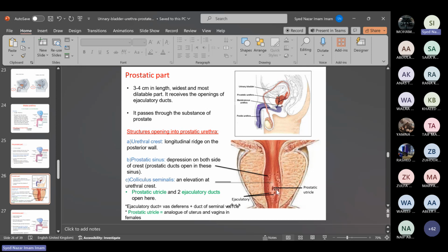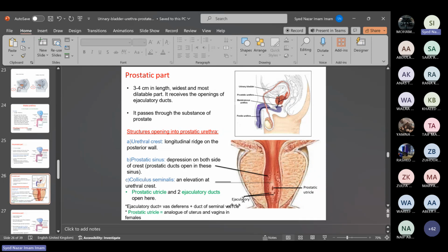And on the side of this prostatic utricle, we have two openings, and you have seen what structure is there behind the urinary bladder, the seminal vesicle and ejaculatory duct. Now, seminal vesicle and the vas deferens. These two structures, the seminal vesicles and vas deferens, join together to form the ejaculatory duct.